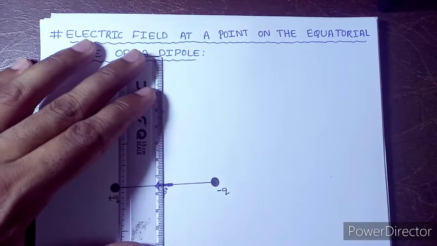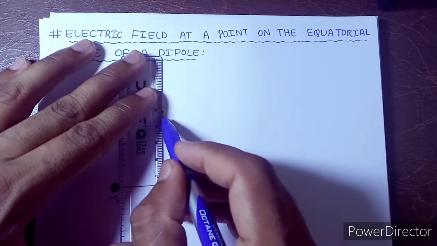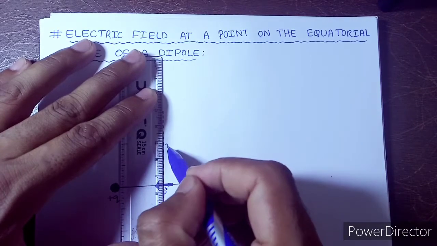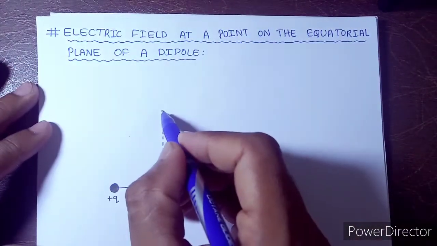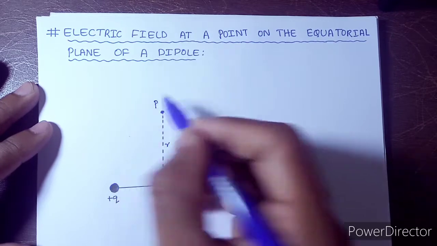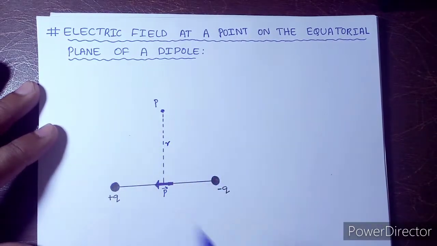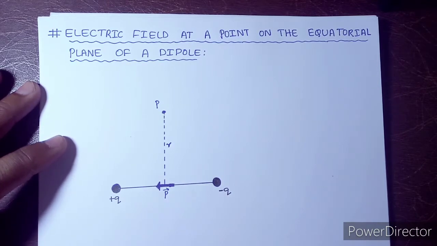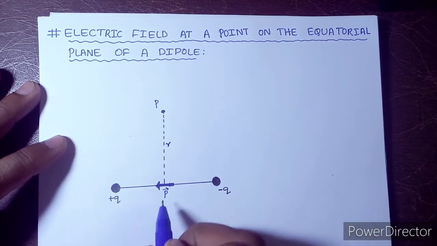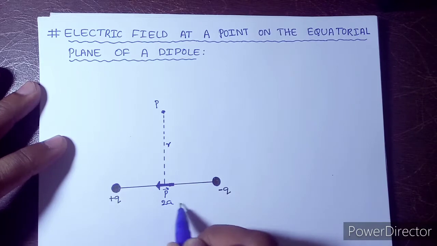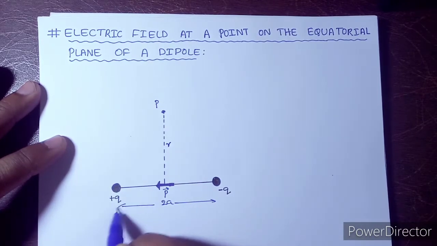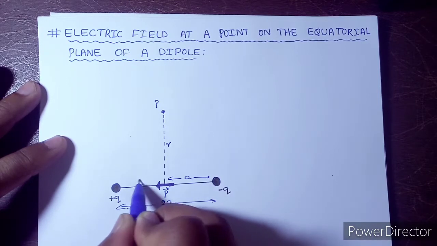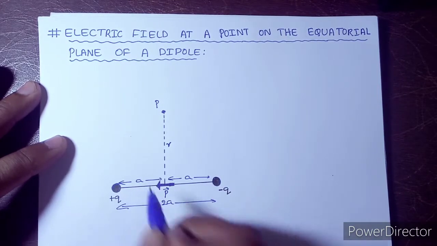I will consider this distance as R. So electric field at this particular point we need to find out. Let's consider this point is P, which is at a distance R from the center of the dipole. Okay, this is center O. The distance between these two charges is 2A, means this distance is A and this distance is A again.